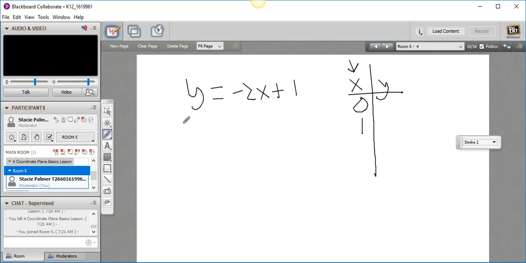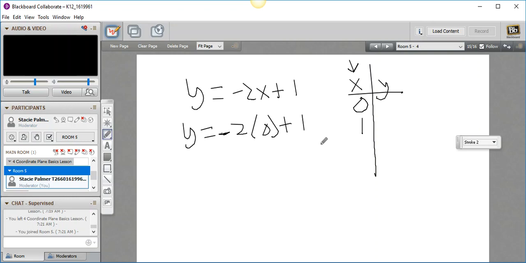Now, we take our equation, y equals negative 2 times, instead of the x, we're going to let the x equal 0. Now, this is the part where I need you to get out your calculators, okay? Doing the integer operations correctly is one of the most important things, okay? So get out a calculator, double check with your calculator.